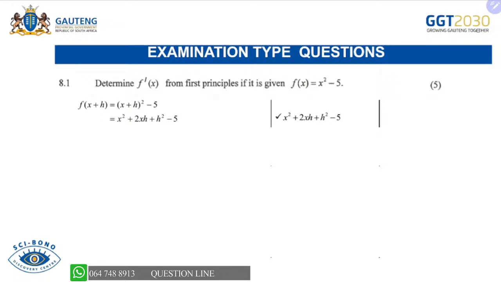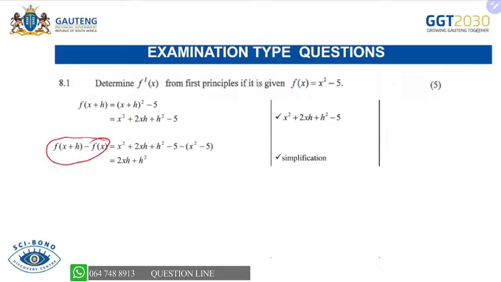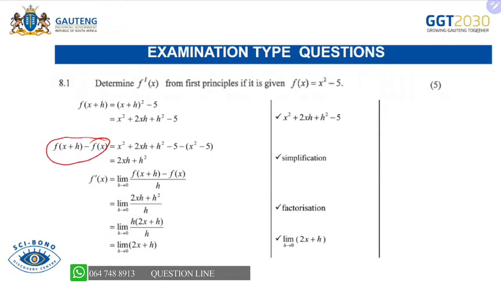We'll get 1 mark for evaluating f of x plus h. We then simplified. You can see this is our numerator on our definition. We have done the substitution and the simplification. We are then writing down the definition, and after writing down the definition, we substitute the simplification.